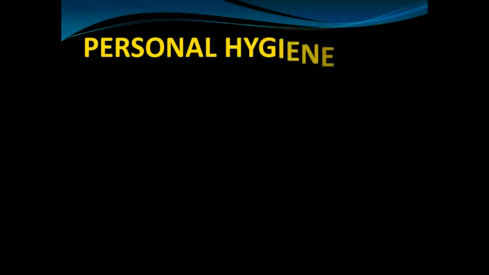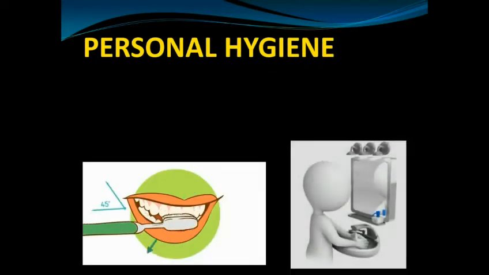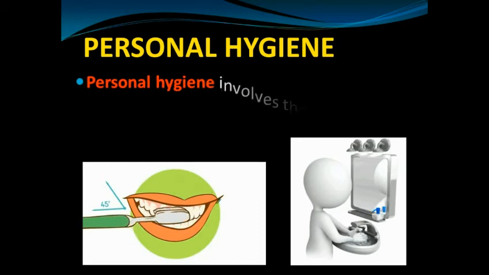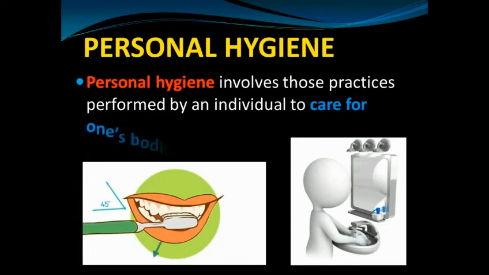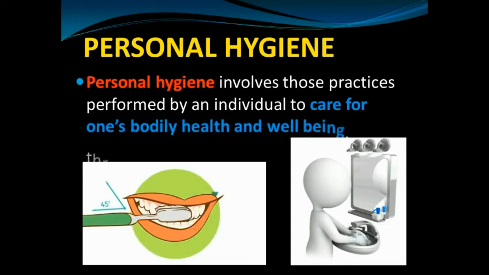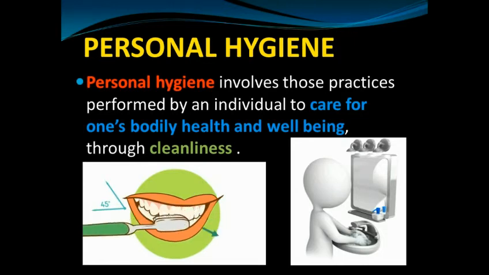Now we'll move on to what is personal hygiene. Personal hygiene involves those practices performed by an individual in order to take care of one's bodily health and well-being through cleanliness. It includes such personal habit choices as how frequently we bathe, wash hands, trim fingernails and change clothing.